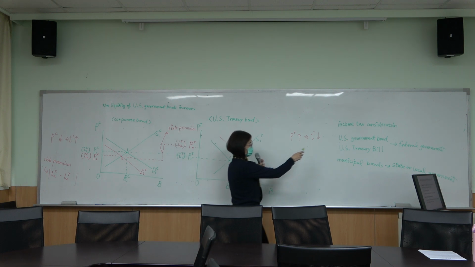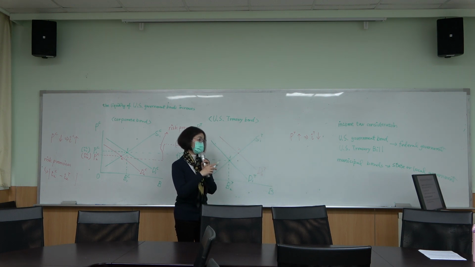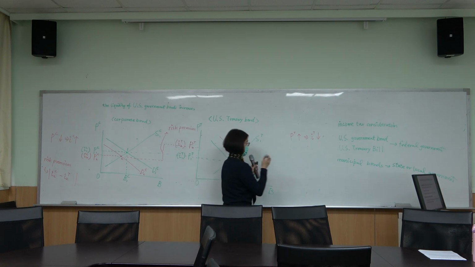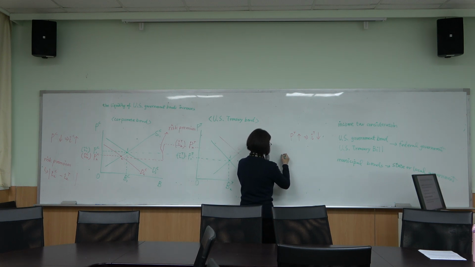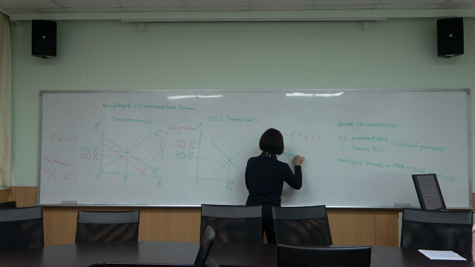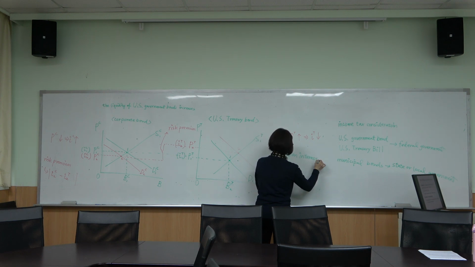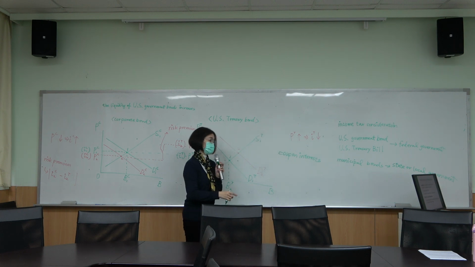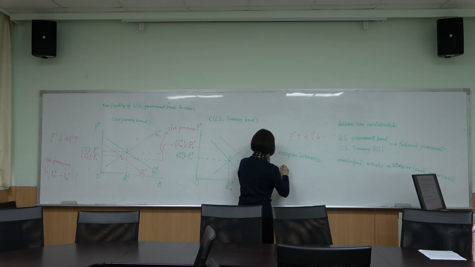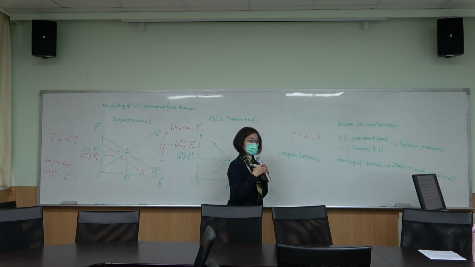When we invest in the government bond, treasury bill, or municipal bonds, the coupon interest we have received will be taxed by the federal government. It means we get taxed.